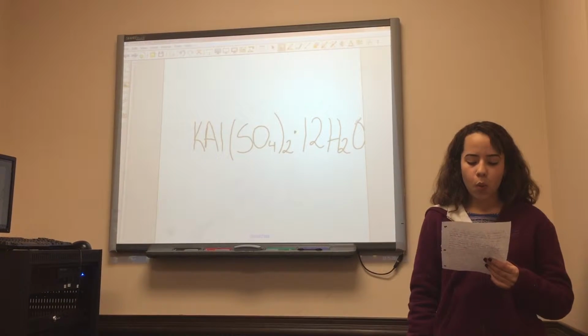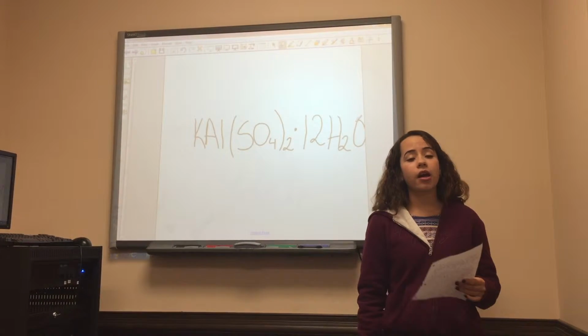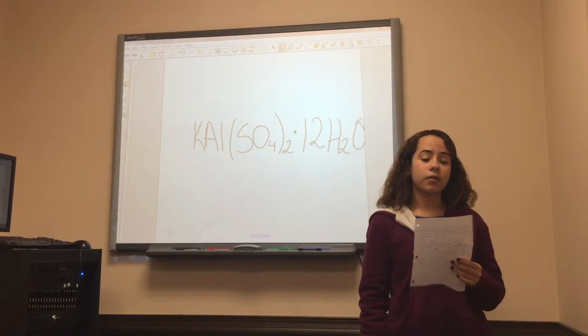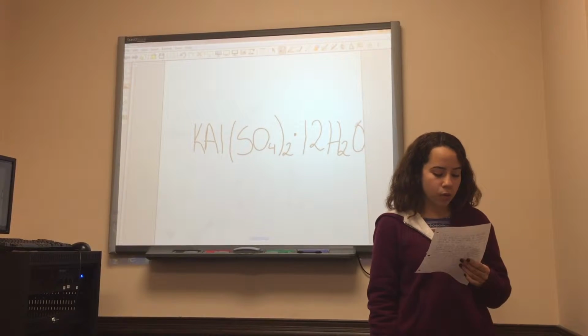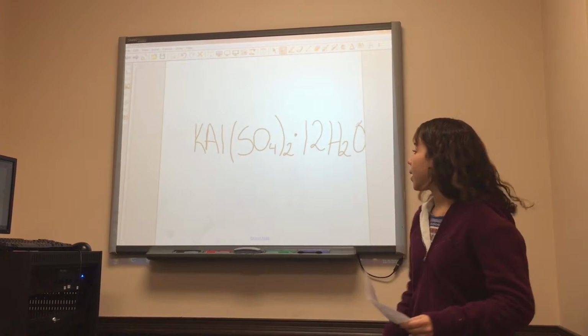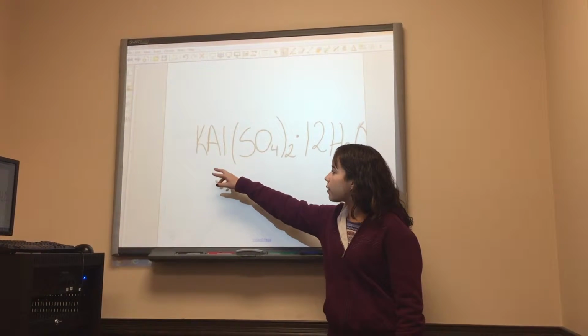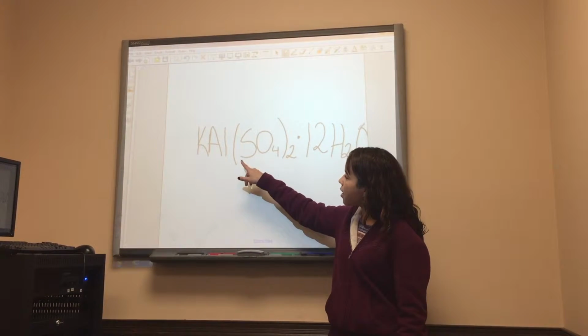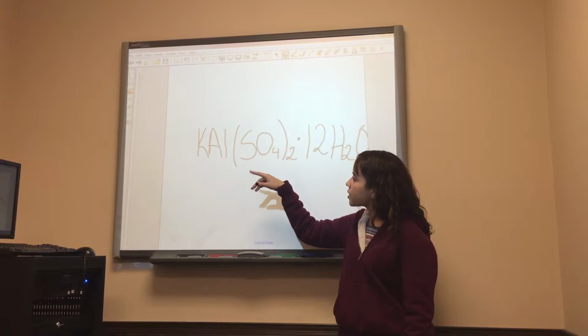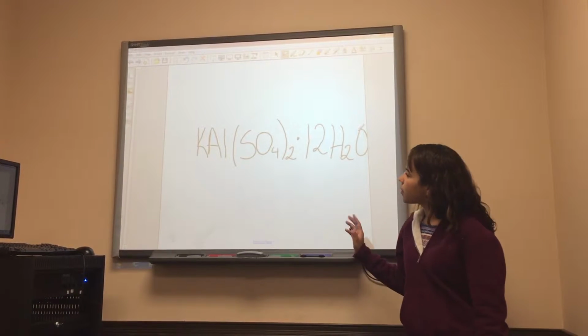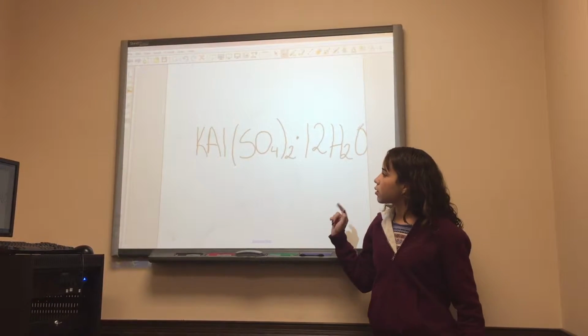In this section, we are going to emphasize a kind of aluminum called potassium aluminum sulfate, known by its empirical formula KAl(SO4)2.